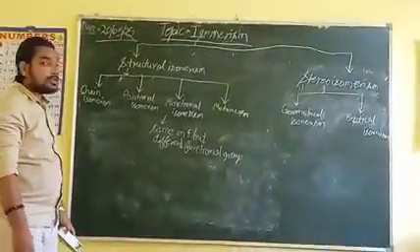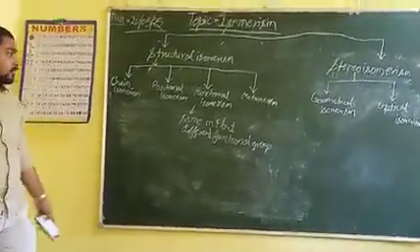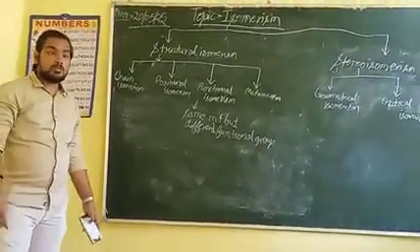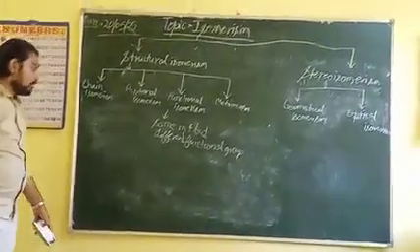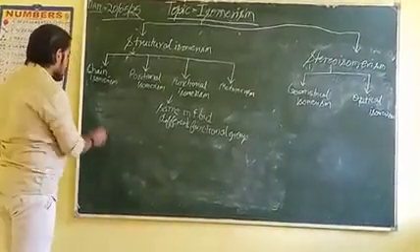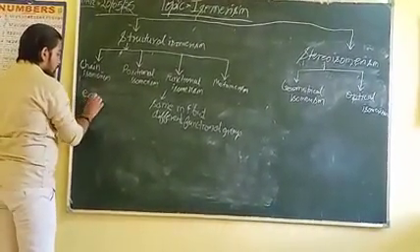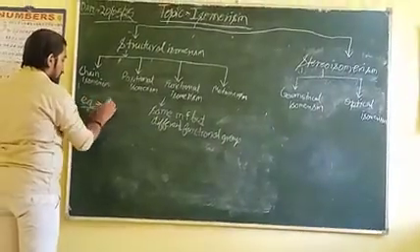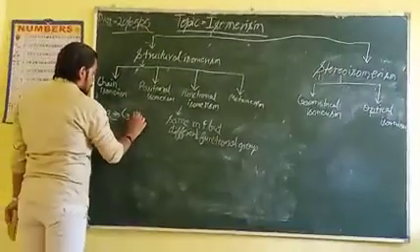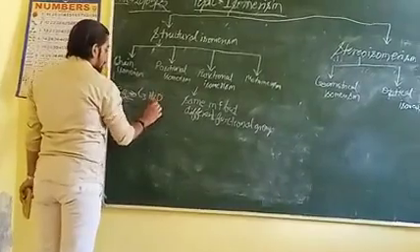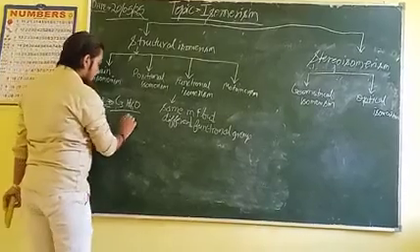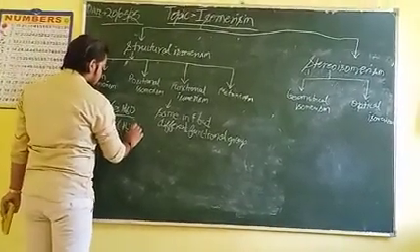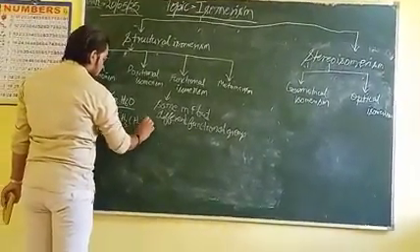So we take an example of functional isomerism to make it more clear. For example, C3H6O. An example of aldehyde: CH3, CH2, CHO.